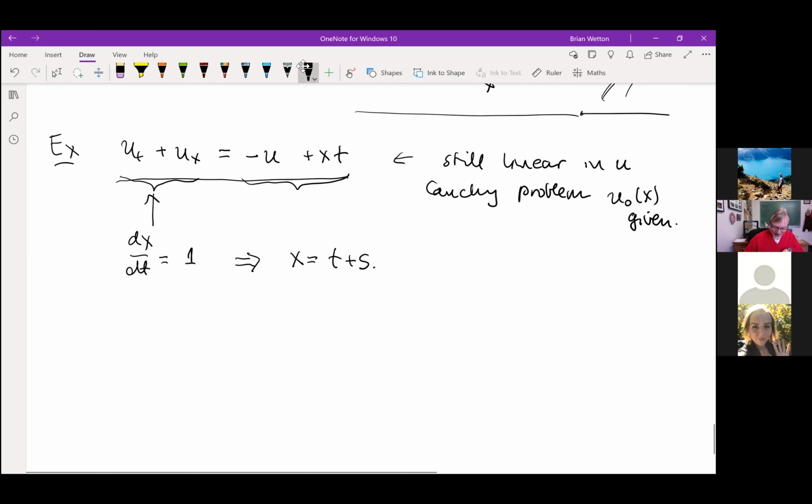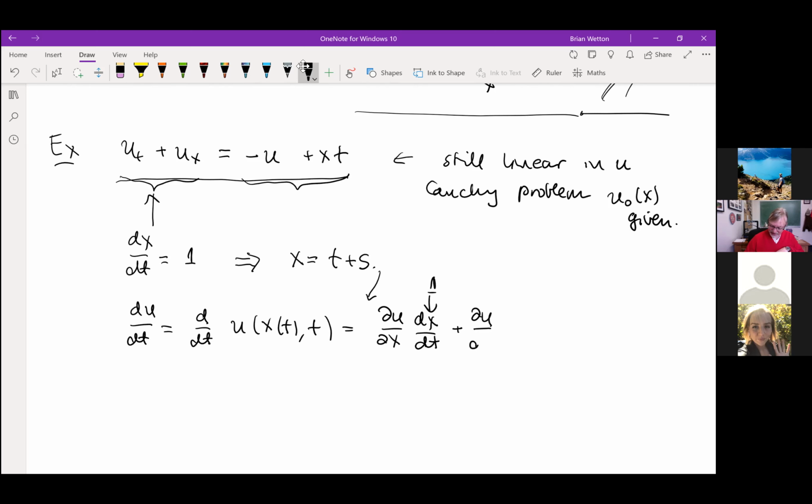And if I look now at du by dt, that's the derivative of the solution along those characteristic lines, then I get the same thing: du dx, dx dt, and that's just 1, plus du dt.